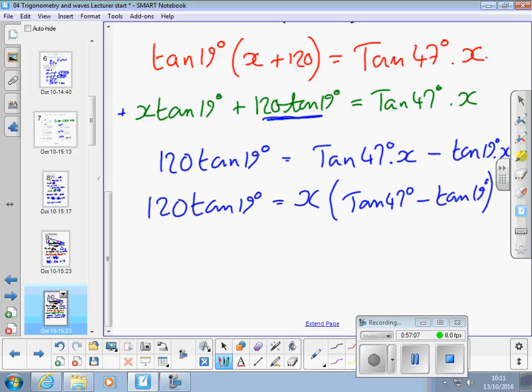Remember, when we were doing that, one way to get two of the same variable together is to try and factorise it. Make it so that's a common factor. Now what we can do is divide through by all of this bit.